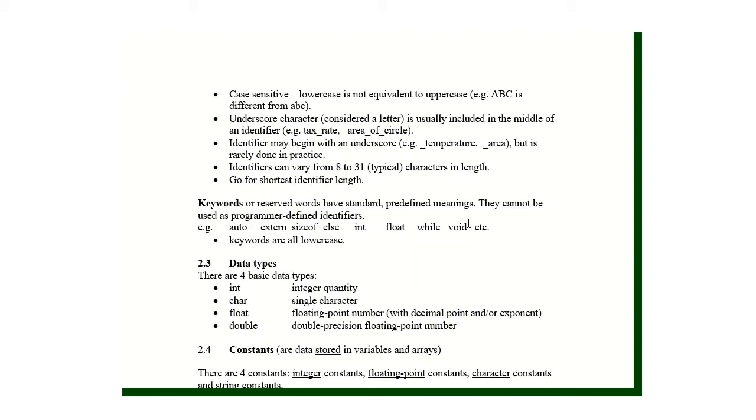Keywords are reserved words with standard predefined meanings. They cannot be used as programmer-defined identifiers. So this and many more keywords, you cannot use as your own variables. Keywords are all in lowercase.